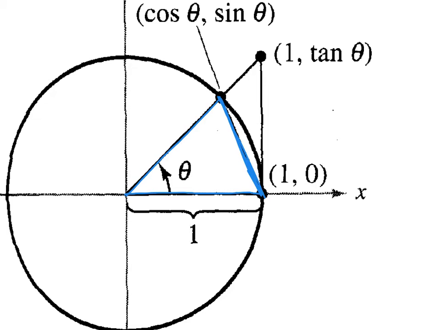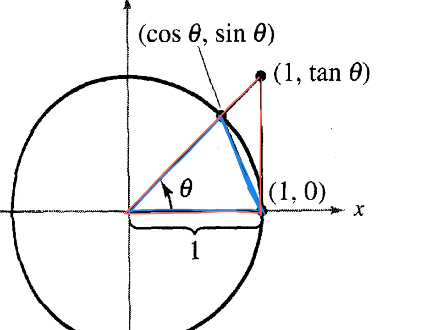Okay? And then we're going to use another triangle that goes straight up from this endpoint over here. Okay? And goes through that point where we have cosine theta, sine theta. And that's going to be 1 tangent of theta.